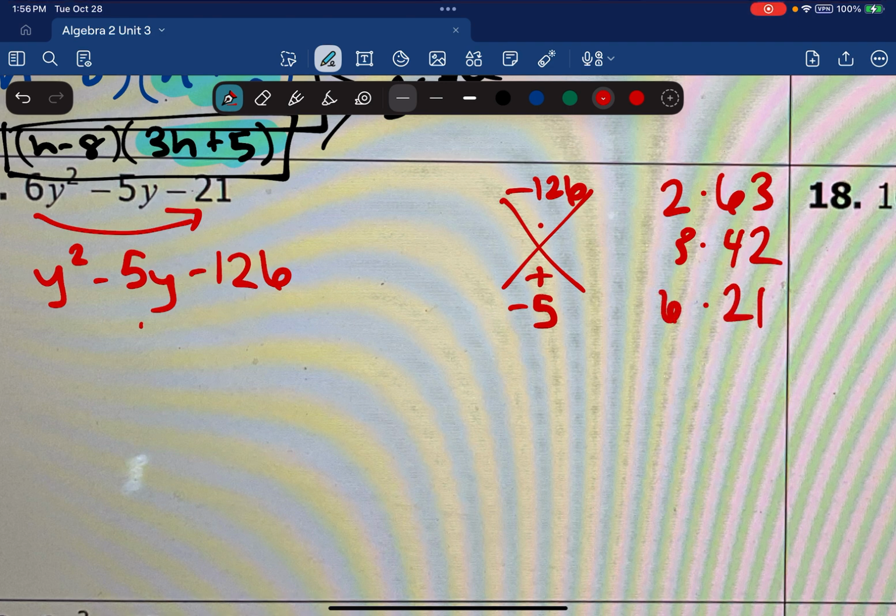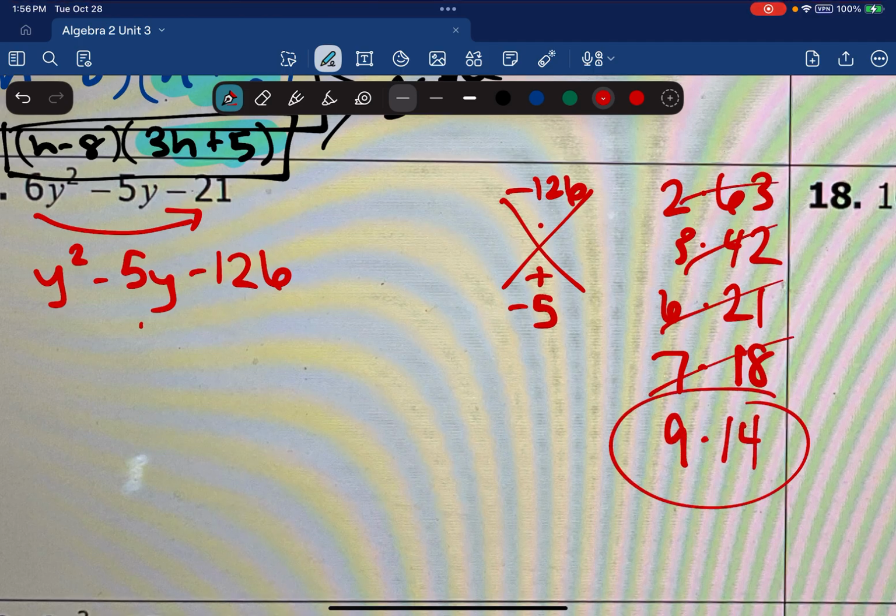We're getting closer, but we still don't have a 5 difference. 126 divided by 7. 7 and 18. Getting closer. 126 divided by 8, that's a decimal. 126 divided by 9. 9 and 14, there's our winner. There is a difference of 5 here.